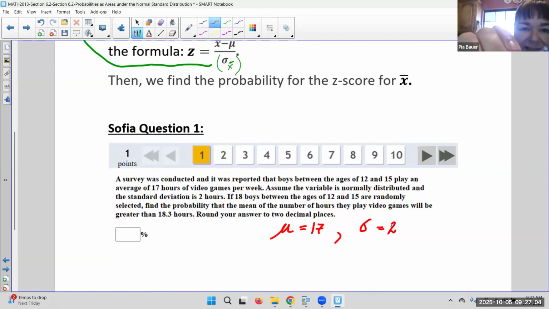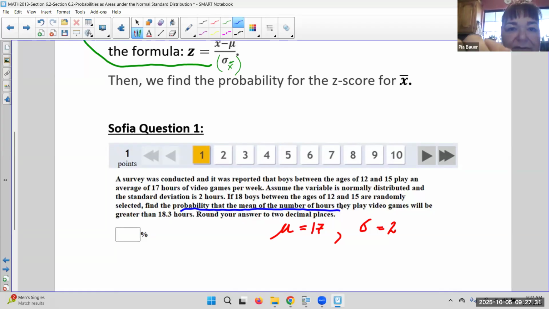But notice this is different. It says, if 18 boys between ages 12 and 15 are randomly selected, find the probability that the mean of the number of hours they play is greater than 18.3. It says the probability that the mean is compared to a certain value.